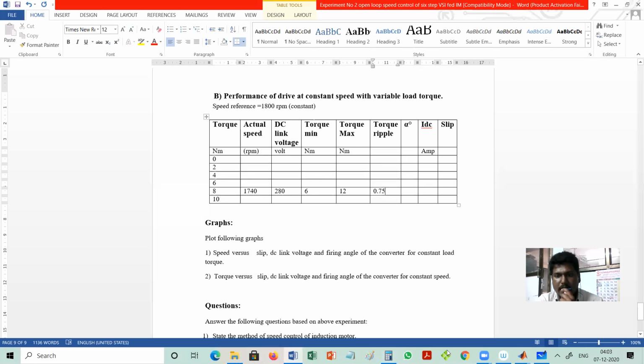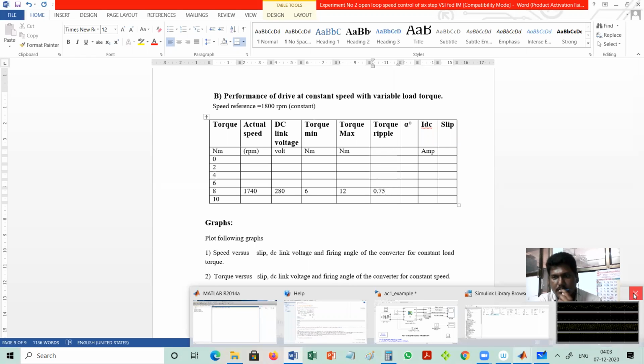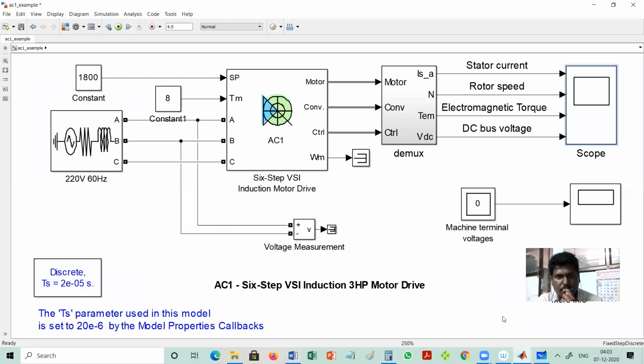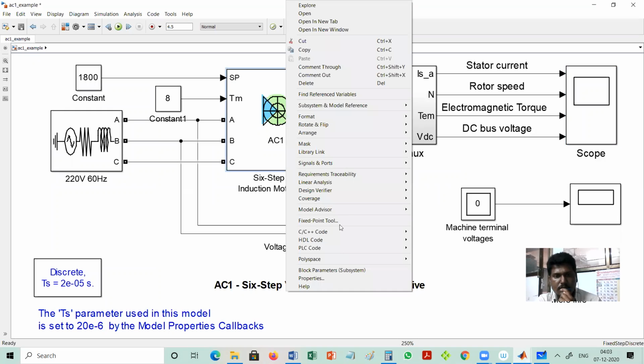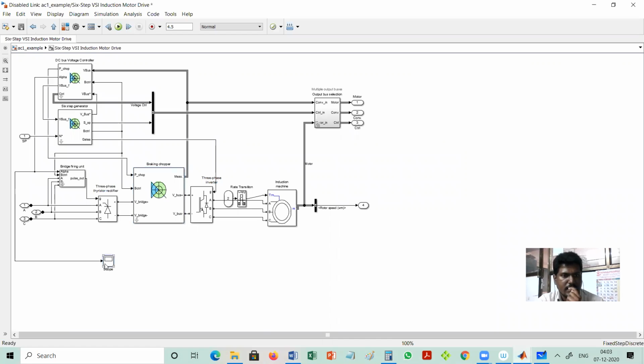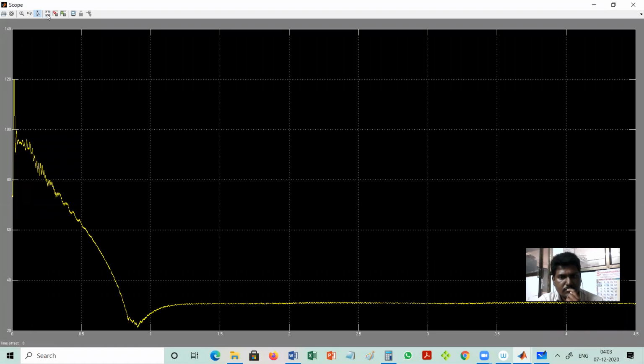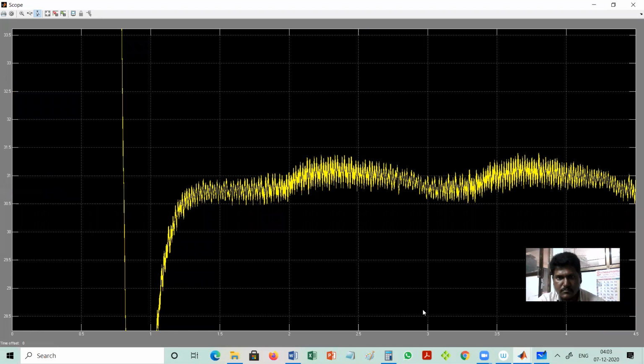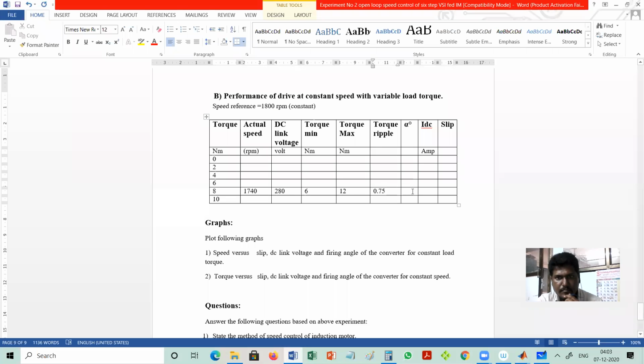Firing angle alpha, for that you have to look under mask. This is the firing angle alpha. It is around 31 degree.